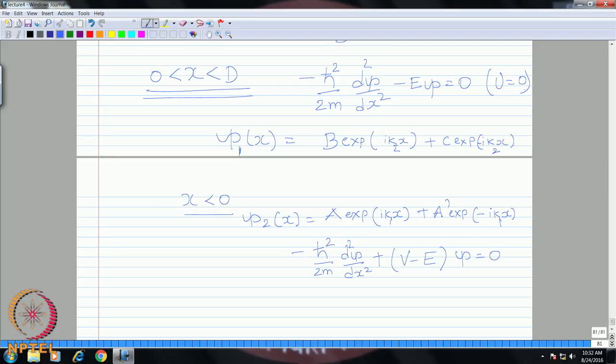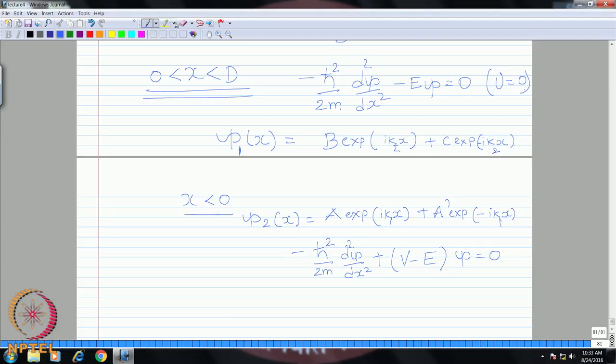It will still be exponential, but the imaginary number will not be there, or in other words, in terms of trigonometric functions, it becomes hyperbolic sine plus hyperbolic cos. Or in terms of exponential function, we will not have this I. So, rather you will have just the real part.